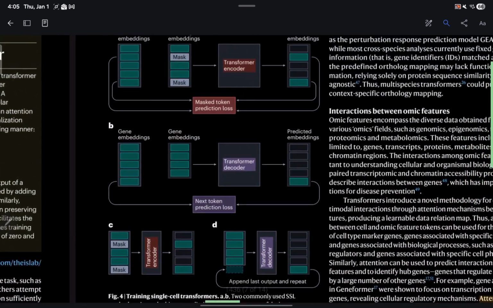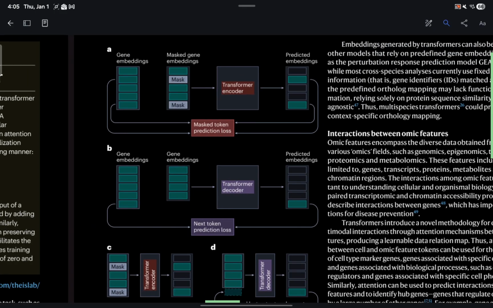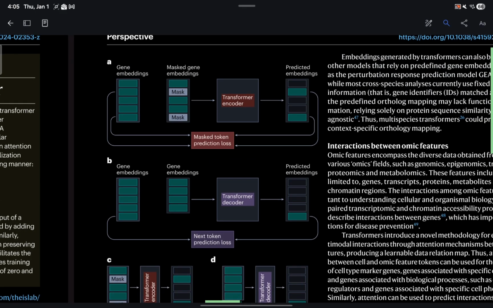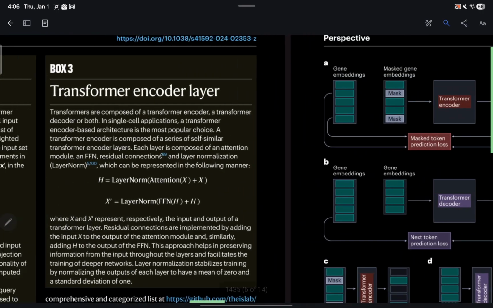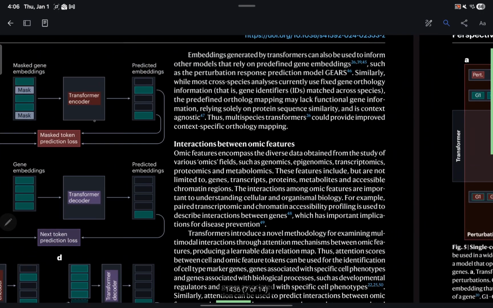Then here you have different training strategies for transformers. You have the MLM, and you have next token prediction, and so nothing important here.